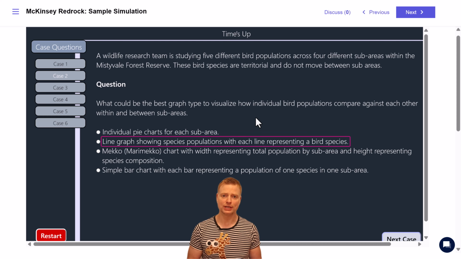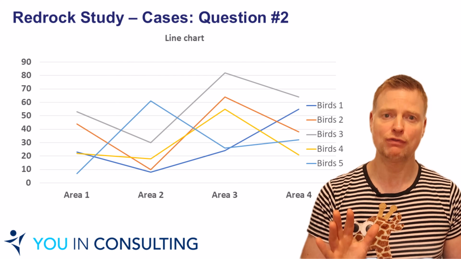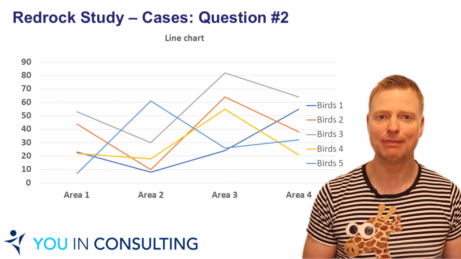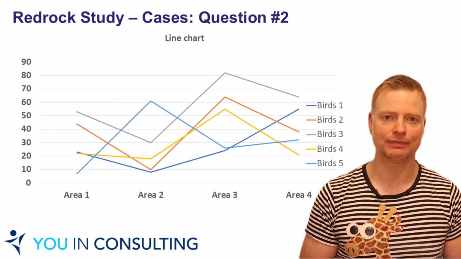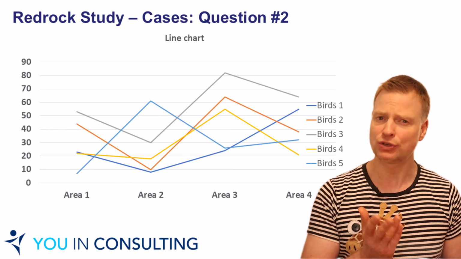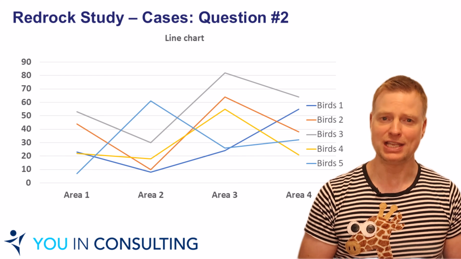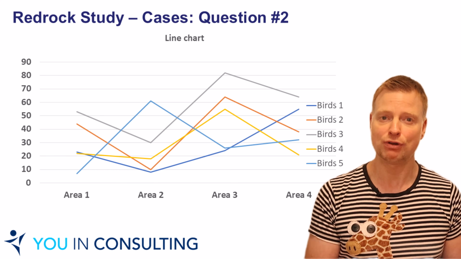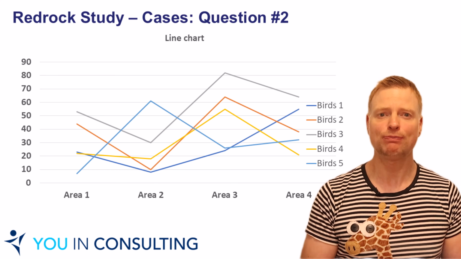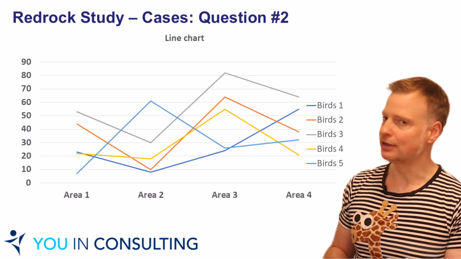Answer option 2 is a line graph showing species populations with each line representing a bird species. That would imply we needed to draw 5 lines for the 5 birds and then have the sub-areas in the x-axis. To be frank with you, this would not lead to a useful visualization, but just look messy, and information about aggregate bird population sizes cannot be read easily from this chart.